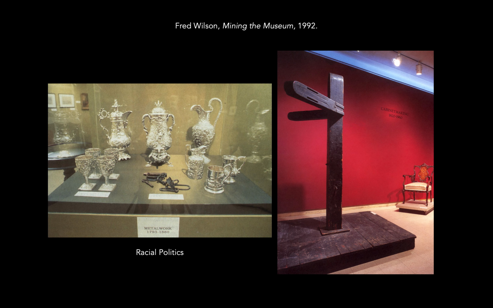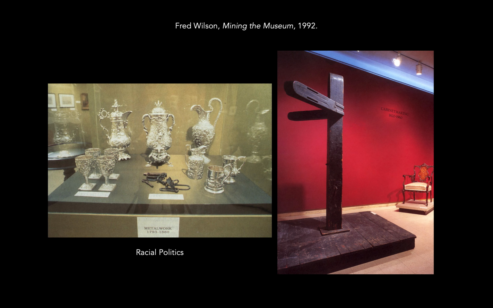And Wilson had a brilliant idea, an incredibly incisive idea. He decided to take objects that had to do with the history of slavery, the history of racism, and put them strategically in certain parts of the museum. So you had a section in the museum that was cabinet making. Normally when you go into this part of the museum, you would see beautiful cabinets and wooden chairs and that sort of thing.